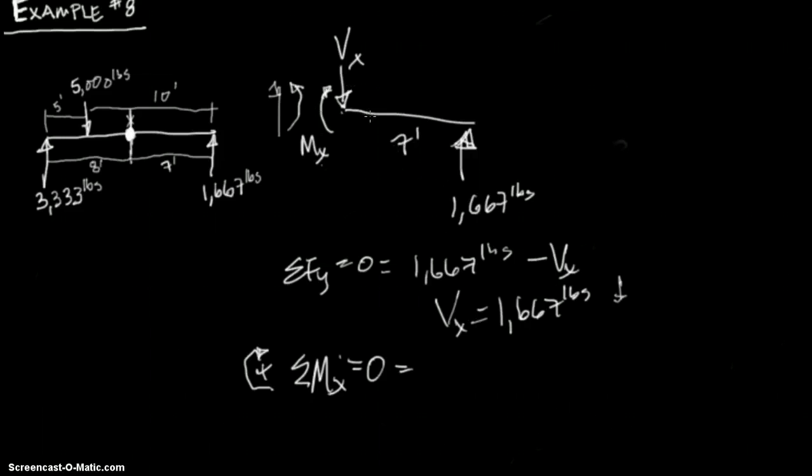Okay. It's a heck of a lot easier this way when you just say, oh, 7 foot times 1,667. But this is a negative, remember, because it's going to create a moment that way, and we said that way is positive.